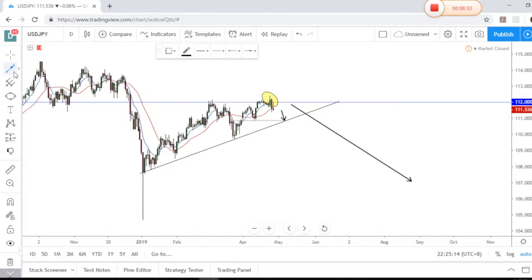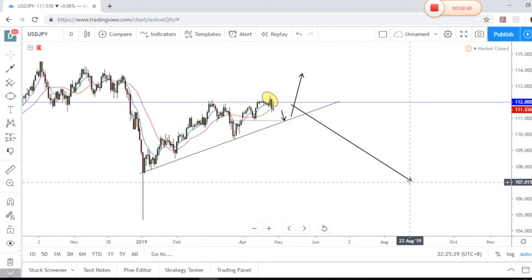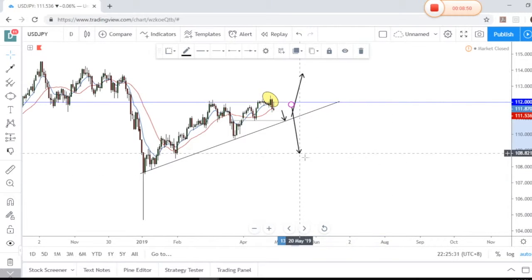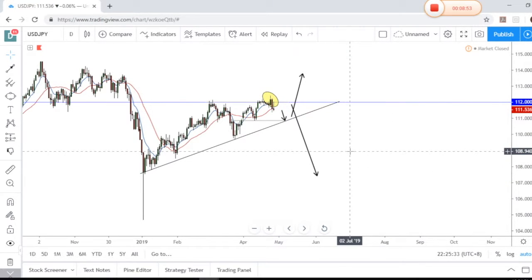If the support of the uptrend line does hold, we may see a new higher high. However, if the price does not manage to hold this daily trend line and breaks below this level, we can see a strong 200 pips movement toward the downside here. So this is my expectation for dollar yen.